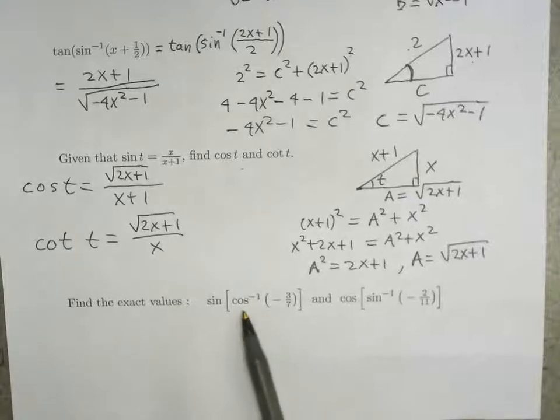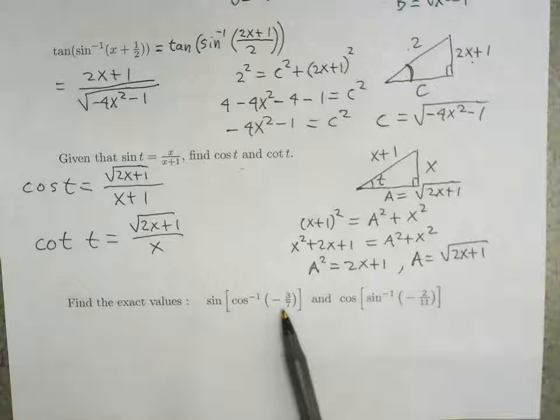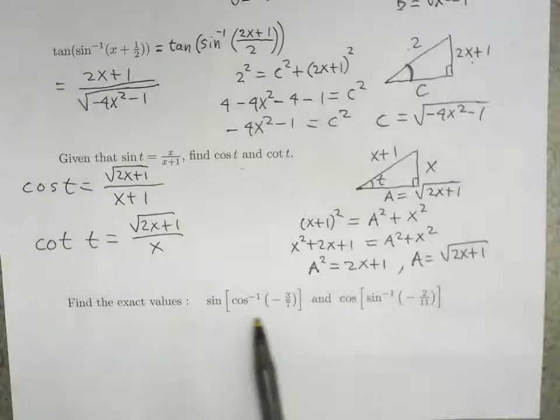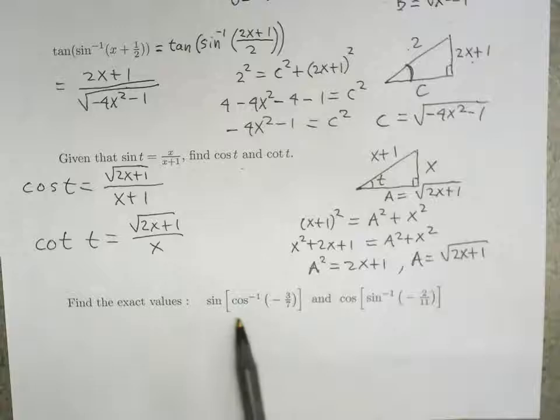And so the inverse cosine of a negative number has to be between pi over 2 and pi. But if the number is between pi over 2 and pi, sine of that number is positive. So the end number has to be positive for this one.